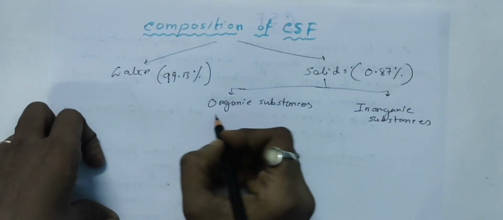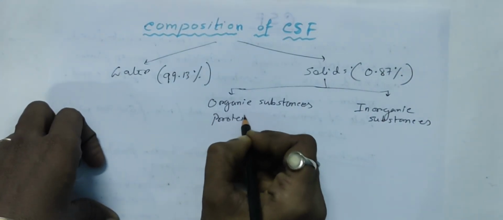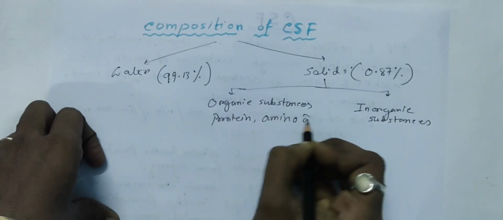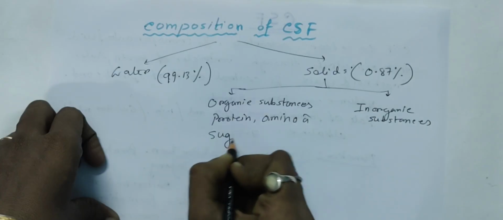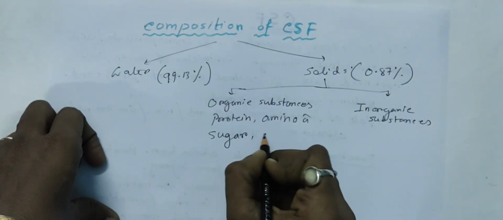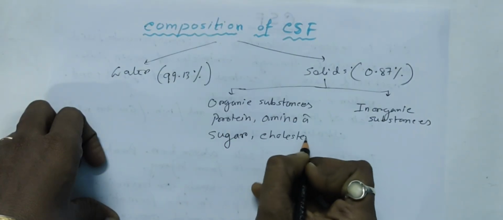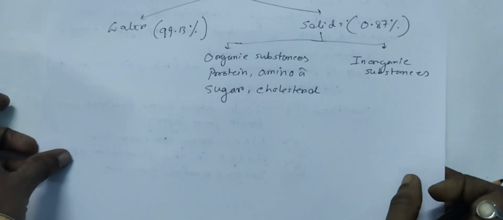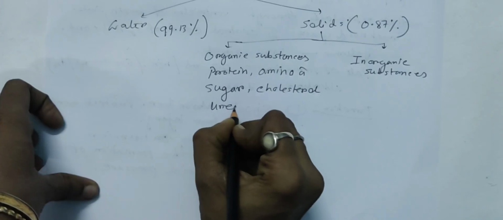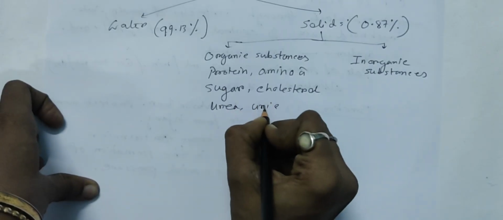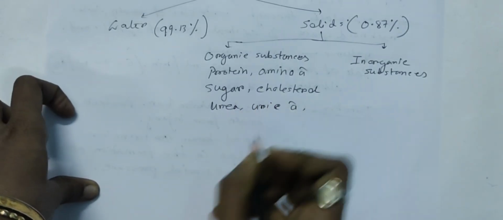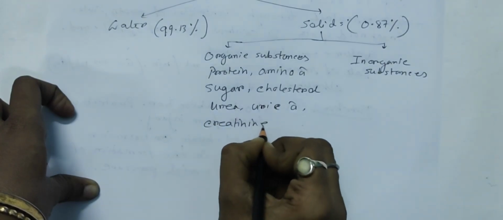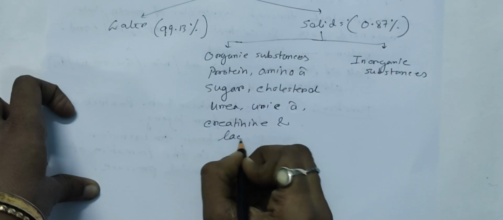Organic substances are proteins, amino acids, sugar, cholesterol, urea, uric acid, creatinine and lactic acid.